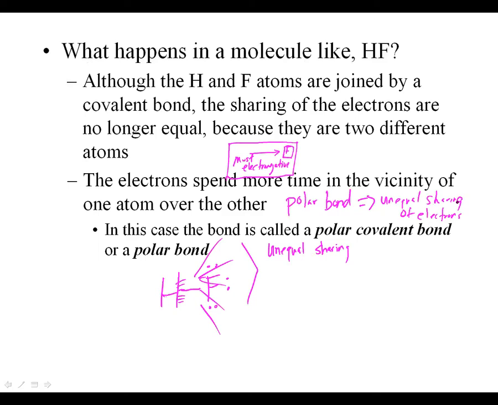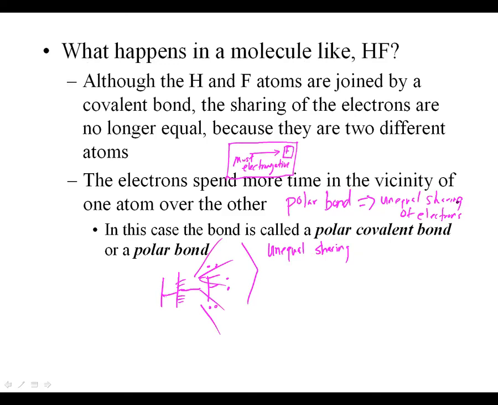So two types of covalent bonds. One is known as a nonpolar covalent bond, or just a nonpolar bond, and that is a result of equal sharing of electrons. Then we have a second type of covalent bond, which is a polar covalent bond, or just a polar bond, and that's a result of unequal sharing of electrons.